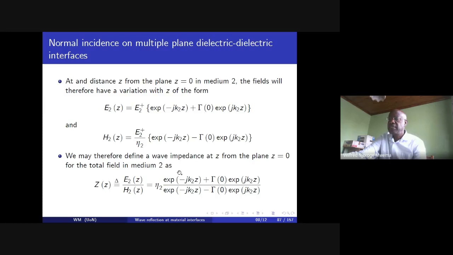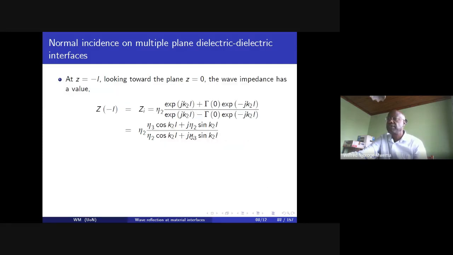And once we see that, it is given by eta 2 times the exponent of minus j k2z plus gamma 0 times the exponent of plus j k2z, over the exponent of minus j k2z minus gamma 0 times the exponent of plus j k2z. So all we are going to do now is replace the value of gamma 0 with its definition, that is eta 3 minus eta 2 over eta 3 plus eta 2, and we get the following equation for z.